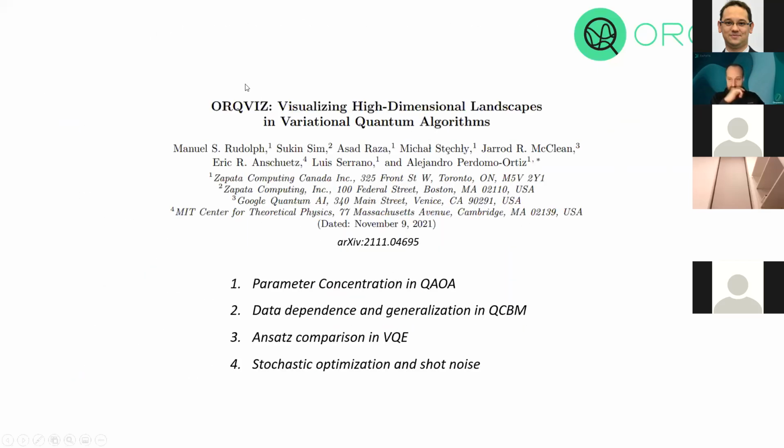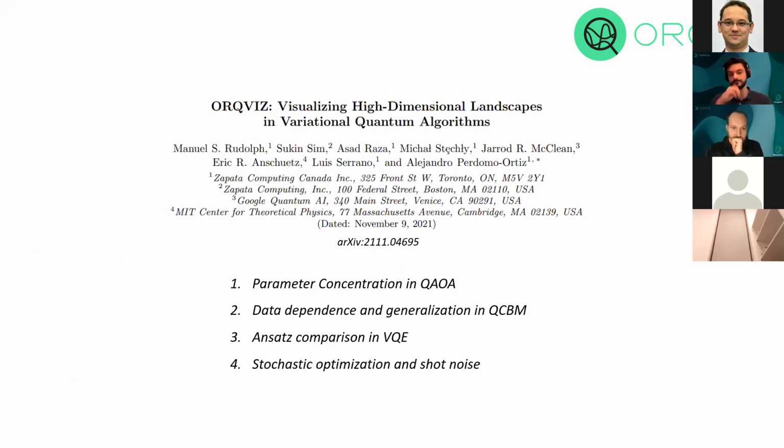So this is our paper again. You have the arXiv down here. This again was a very recent paper, and we have four stories, four research topics that we're trying to tackle from the perspective of visualizing the landscapes. Whether that's loss or any other values depends.